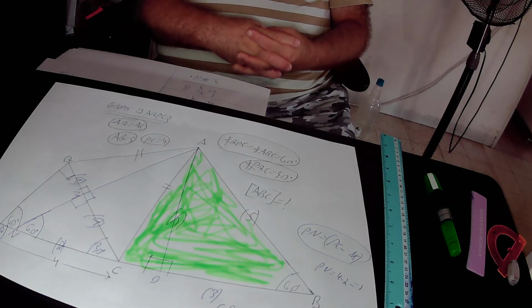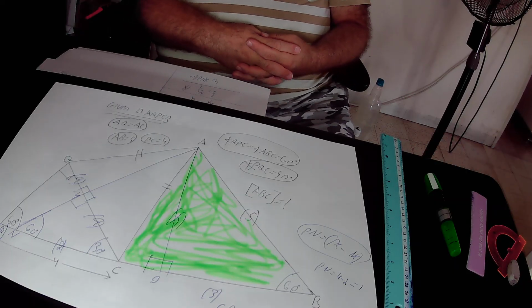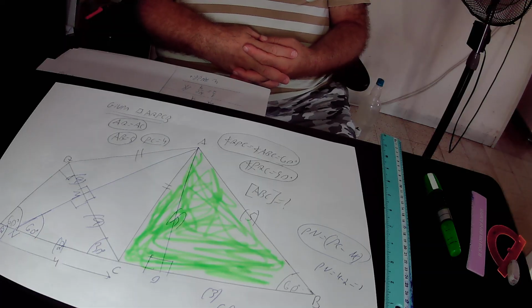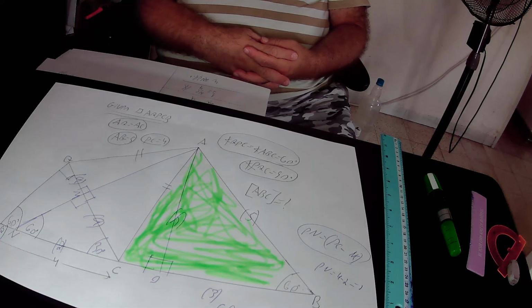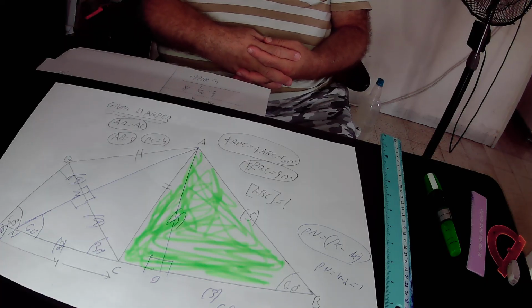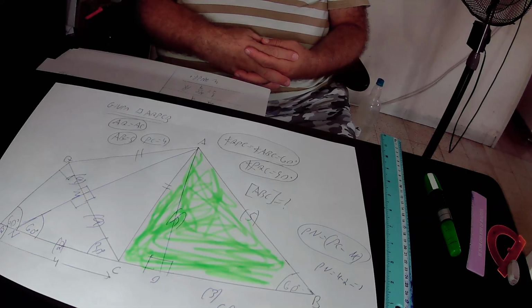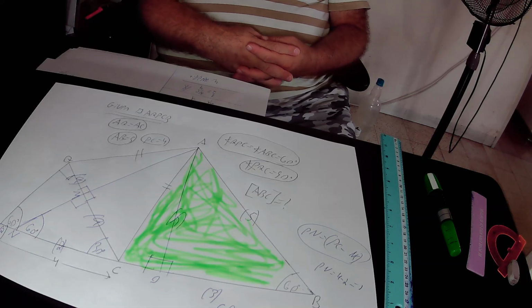Okay, so we have the rule that says that the perpendicular to the base of an isosceles triangle bisects the base.